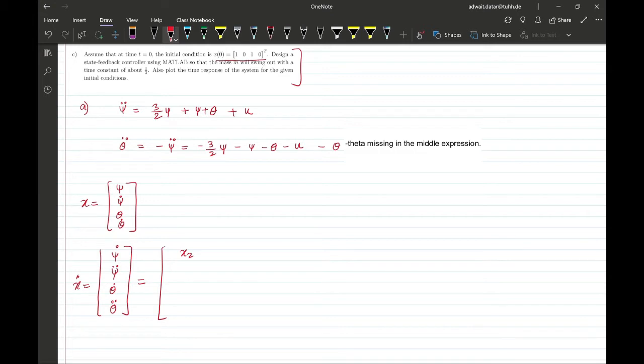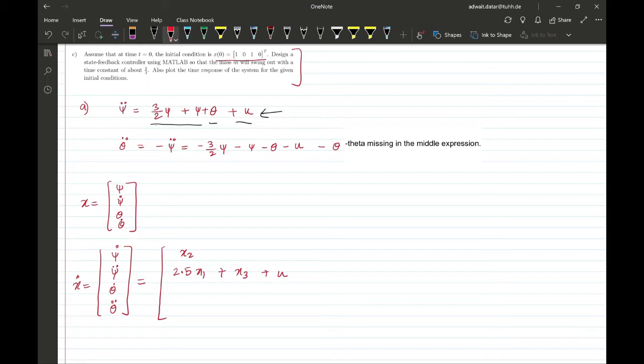Psi double dot is given by this expression. So we have 3/2 psi plus psi, that is 2.5 psi, which is the first state. So we have 2.5 x1. Then we have theta, which is the third state. So we have plus x3. And then we have a control input u, which I write as it is for now.